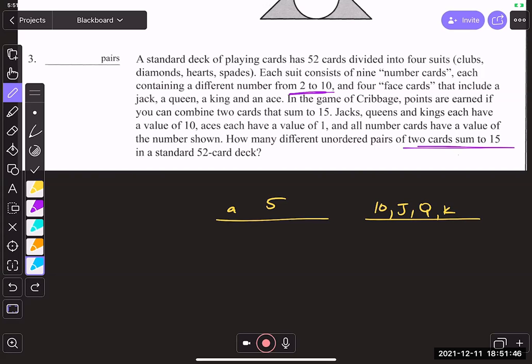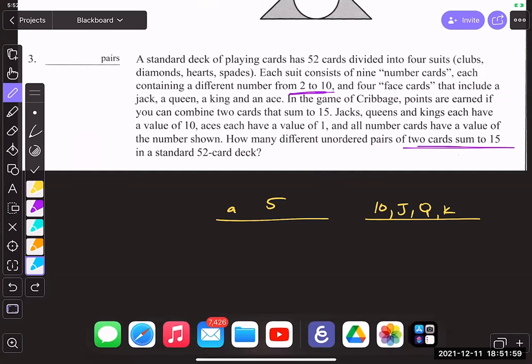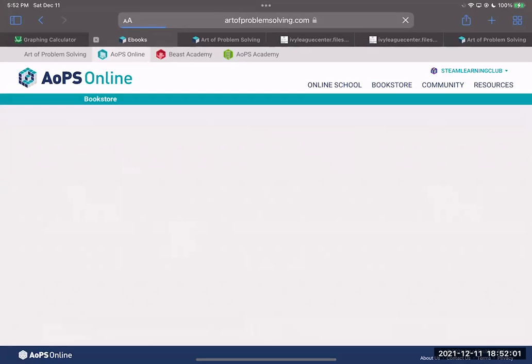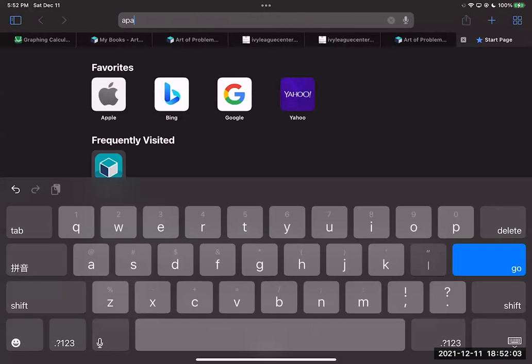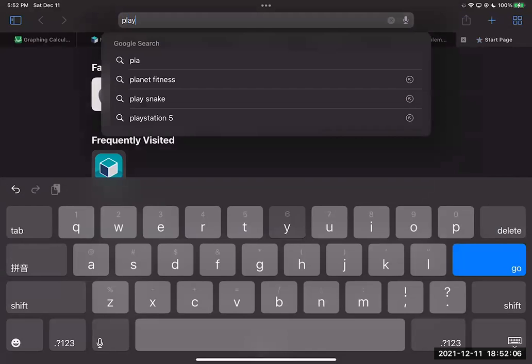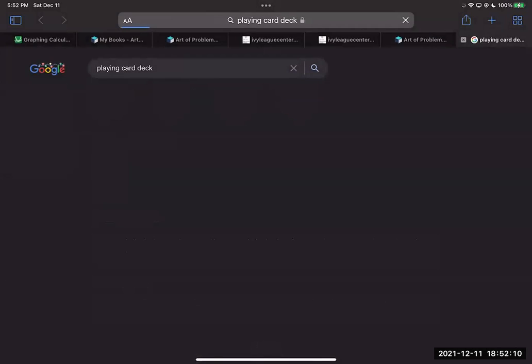So Gracie, does it make sense why there's 4 different 5s for you to choose from? There's 4 different suits that the 5 could have. Does that make sense? Let me pull up a playing card deck, I guess.